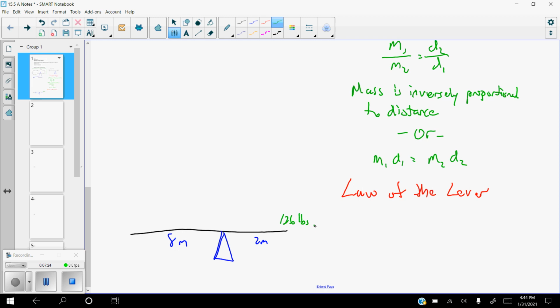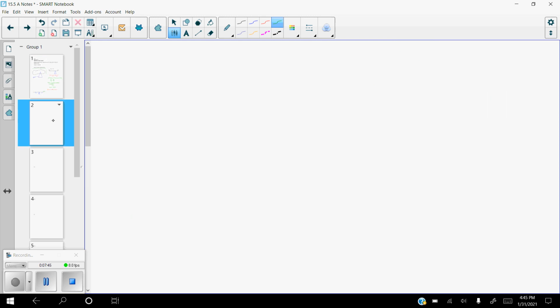If you know those pieces of information, you could figure out how many pounds you would have to put on the other end of this to balance it. That's the general concept. All right, so you're going to see something interesting as we go through this. There's really nothing written on these pages, and that's because for whatever reason I didn't actually create the pages worth of problems. So we're just going to do this freehand for the most part here, at least for a little while.